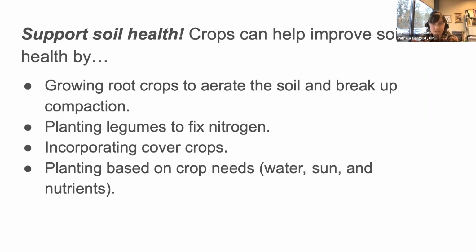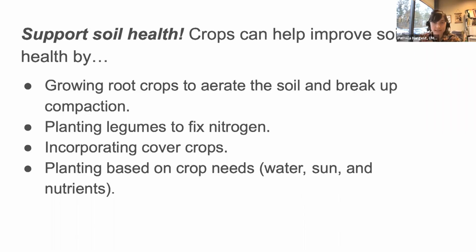But there's other ways that you can support soil health. Some of those examples include growing root crops to aerate the soil and break up compaction. Keeping in mind that if the soil is really compact, the root crops probably won't grow that well there. But in a regular garden, they can be really helpful for breaking up the soil.